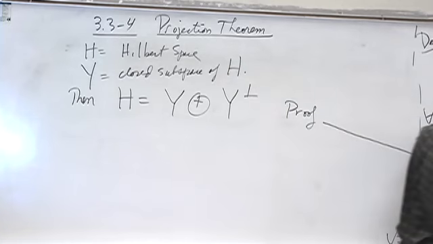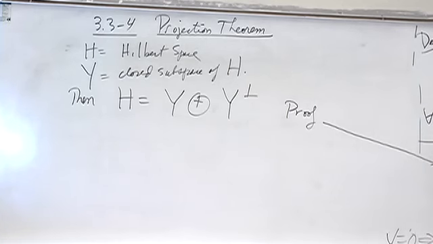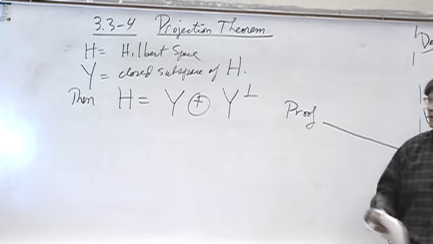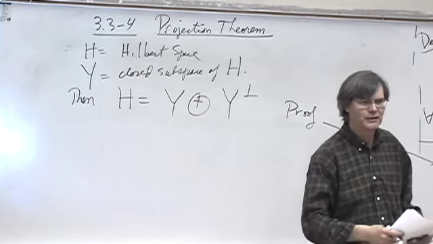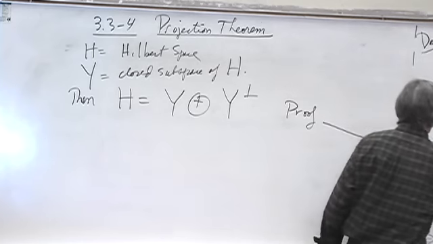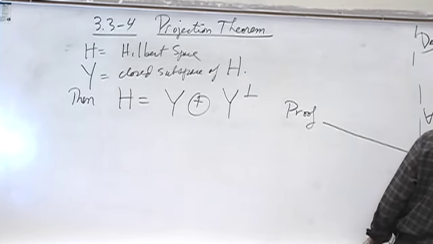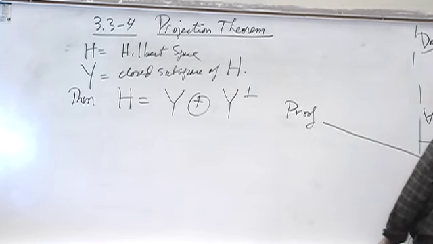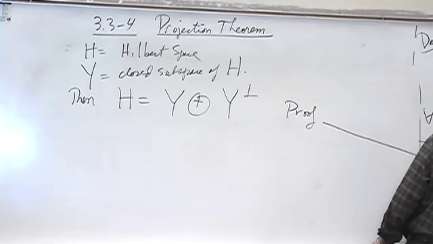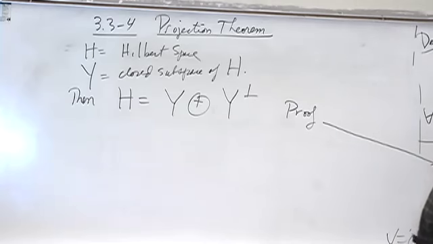Except I'm not putting this. I'm putting Y is Y and Y perp is the orthogonal complement, defined where I just erased it. Y perp, general definition. Z equals Y perp, general definition.